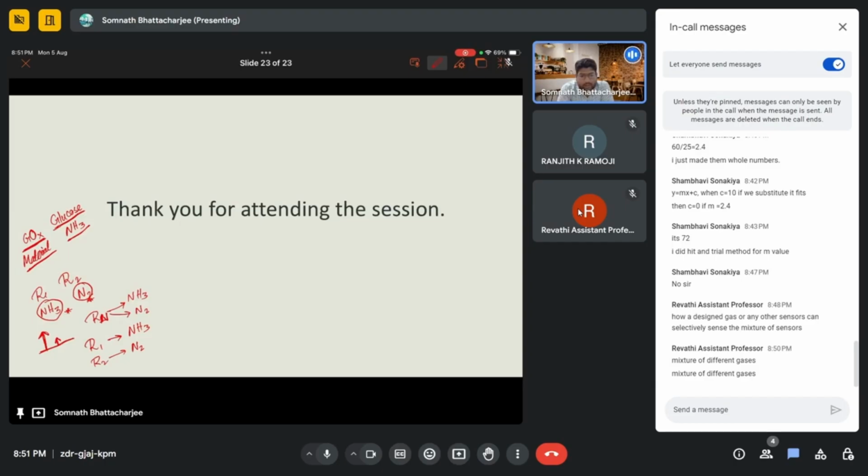Or you are saying that there is a mixture of multiple gases and you have to select only one or two. Maybe you can turn on the mic or you can write it in the chat box.